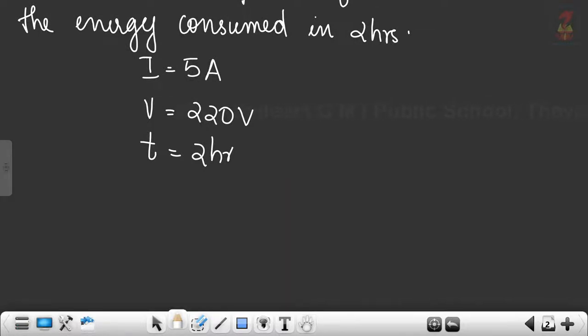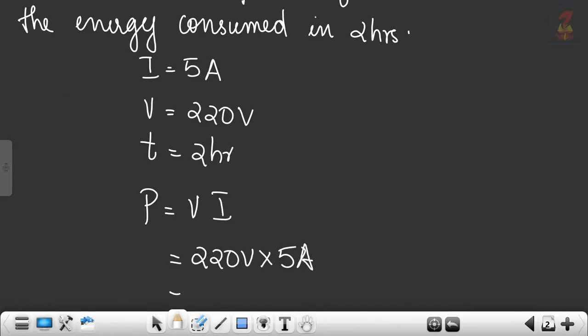So we can use the equation power V into I, VI, that is equal to 220 volt into 5 ampere. When you do this, you will get the answer in watt.